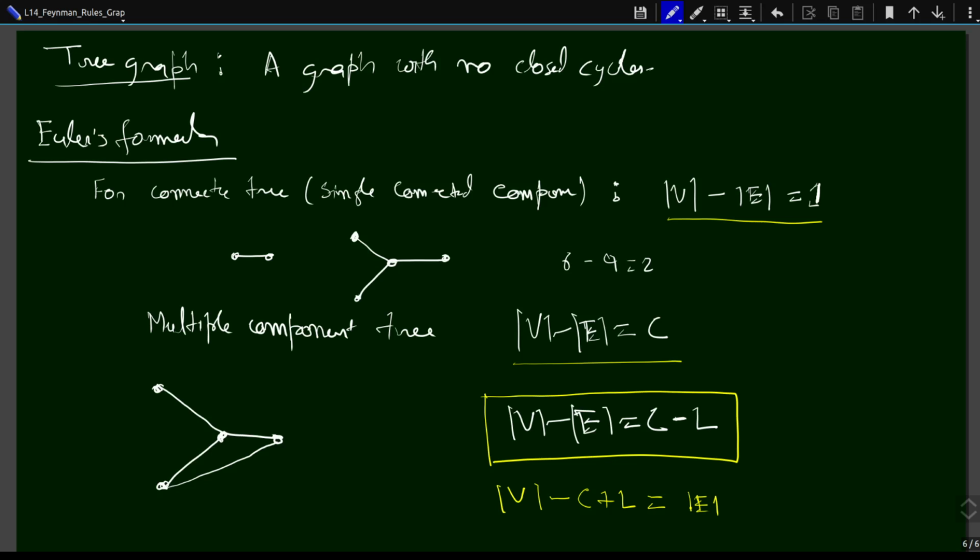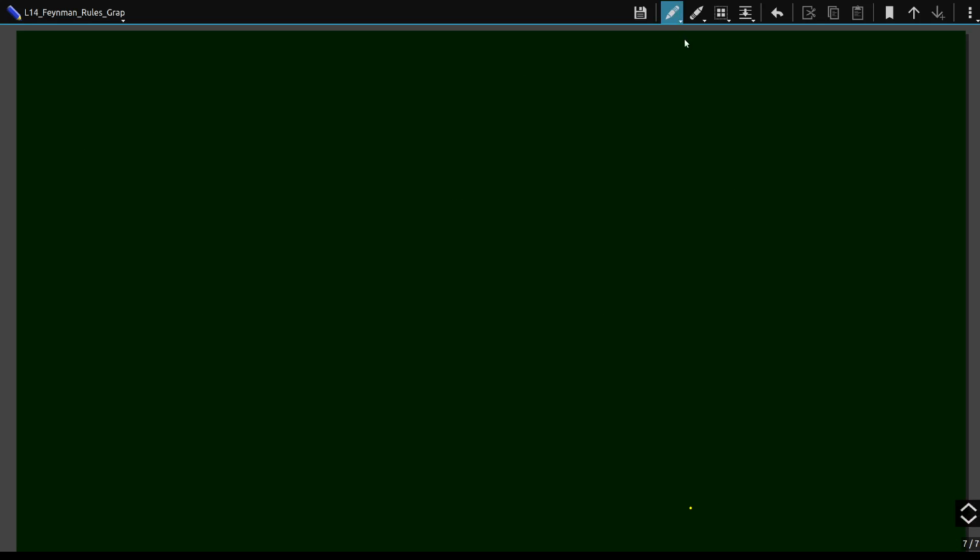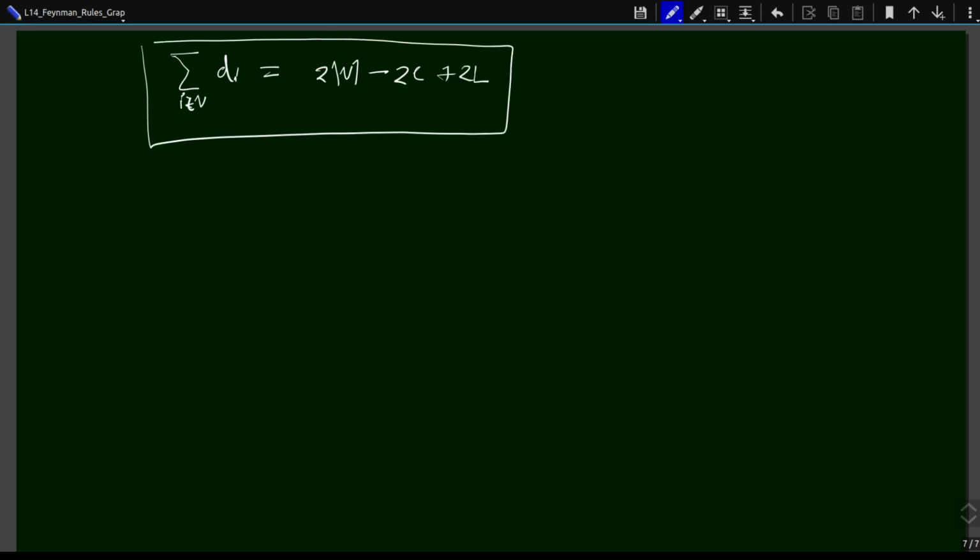Okay, so before I do this, let me just write all the things that I need in this formula. Okay, so first of all, by combining this, I immediately get the sum over i element of V of d_i, that is 2 times the edge, is equal to 2 times the number of V, because edge is related to this, minus 2 times C plus 2 times L. So this is my working formula.